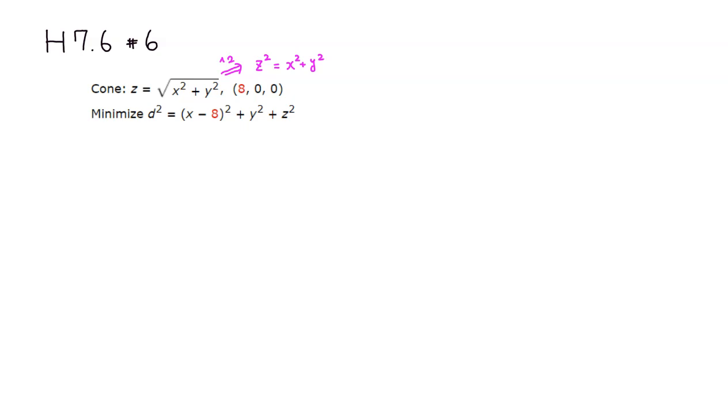Then I can put all the terms on the left-hand side. So we get z squared minus x squared minus y squared equal to 0. That way, this is going to be our g.